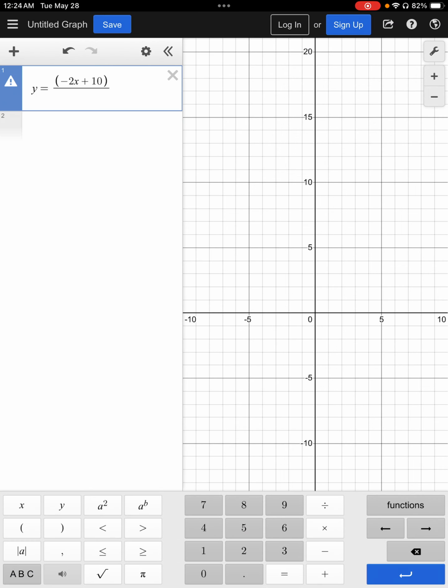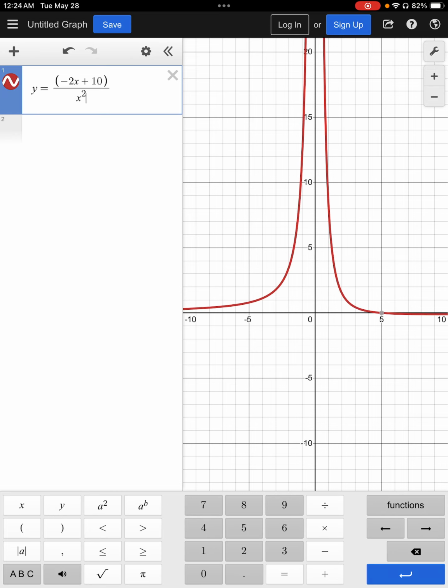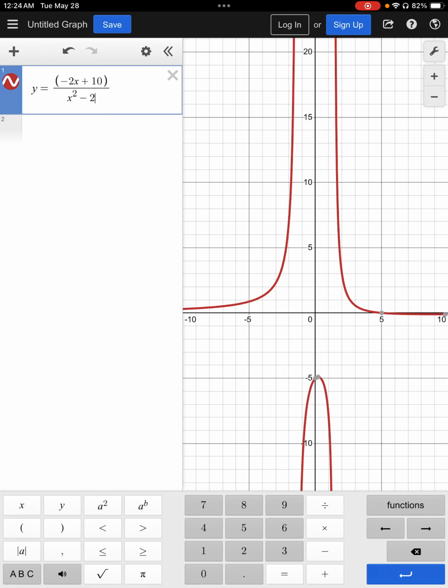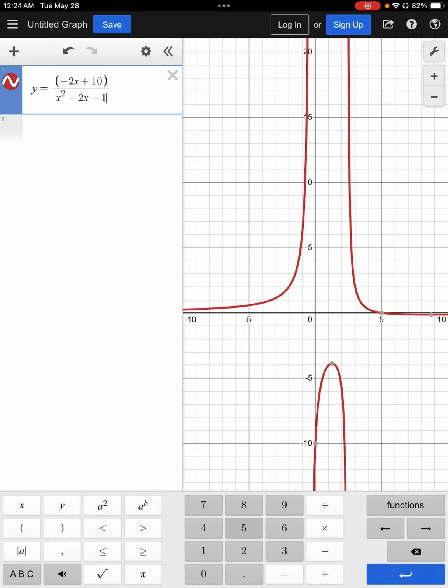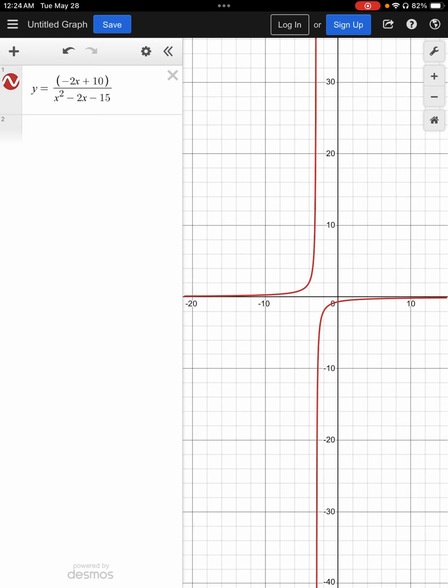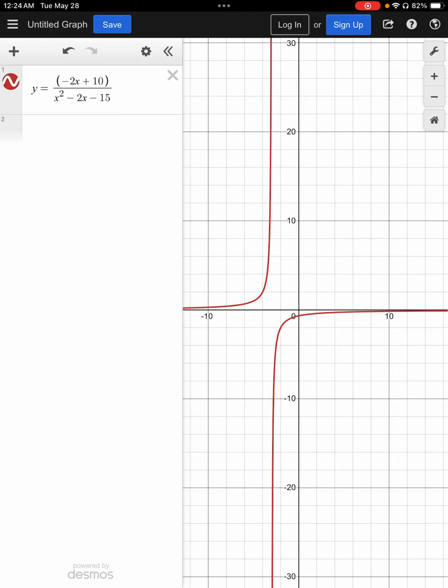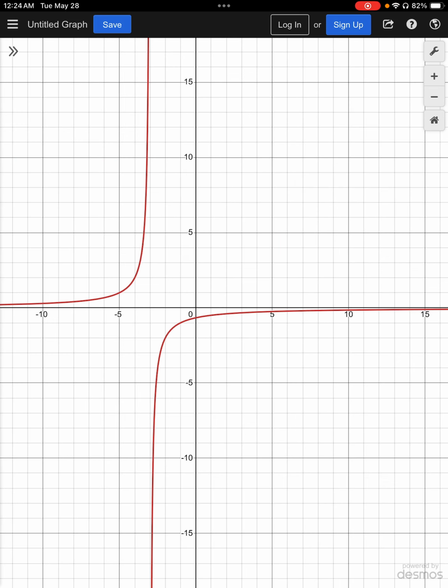So x squared minus 2x minus 15. And when I look at that, it sure looks like I graphed it pretty well, because I'm looking here, there's my (0, negative 2/3).